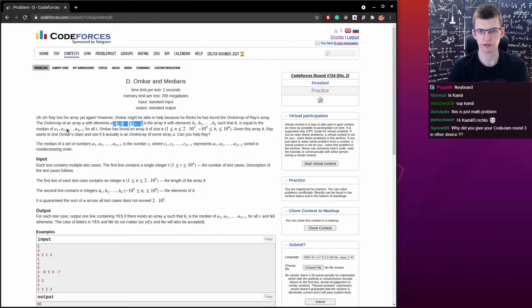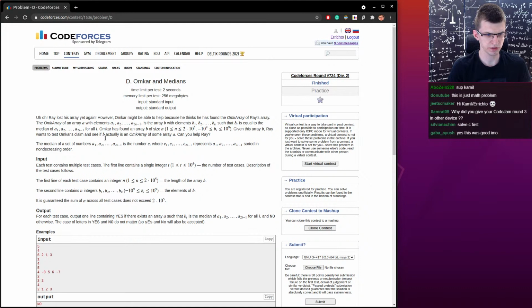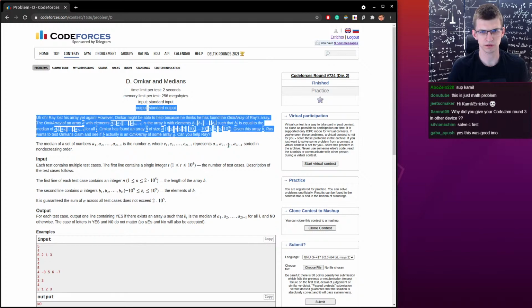And now we need to reconstruct the initial array. Right. Solve C first. I think I will start with this one, now that I already read it.